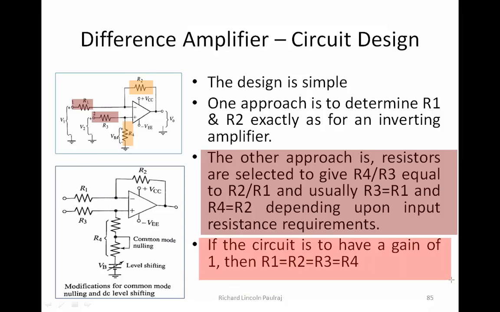Number one, R1 and R2 to be the same. Number two, the resistor ratios to be the same, equating R3 and R1, R4 and R2. Or if you want the gain to be 1, just make sure that all the resistances are equal to each other. That's it, right? So this is how we design the differential amplifier.